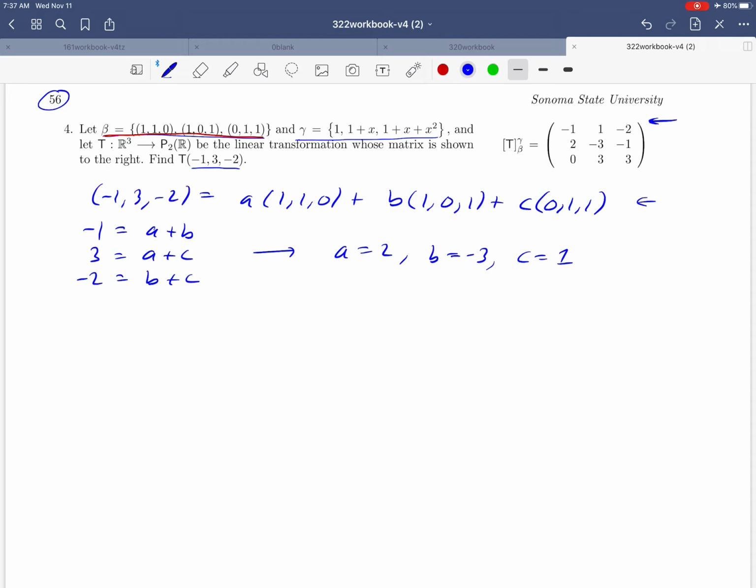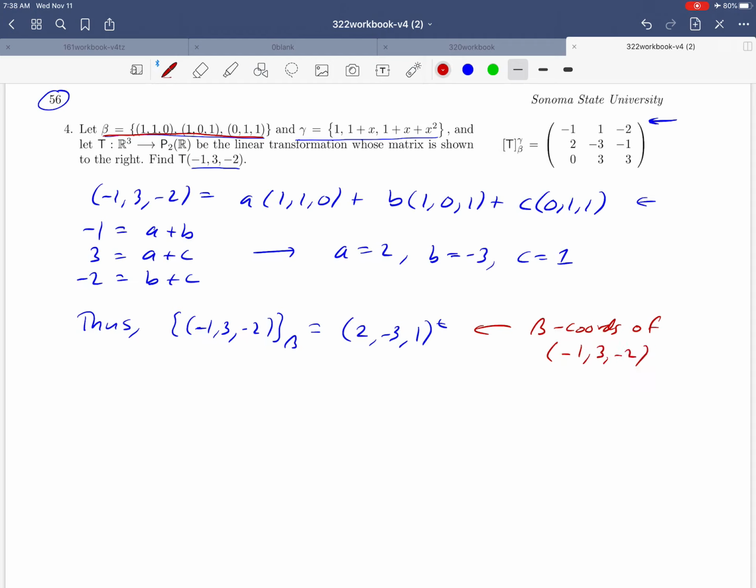So what that means is that the coordinate vector of (-1, 3, -2) relative to this basis beta has to look like (2, -3, 1), those three coefficients that we just found. Those are the beta coordinates of our input. That's where we're at so far.